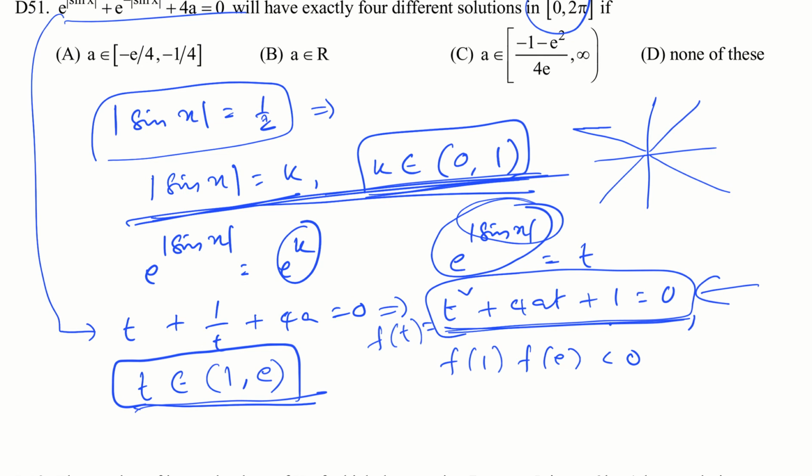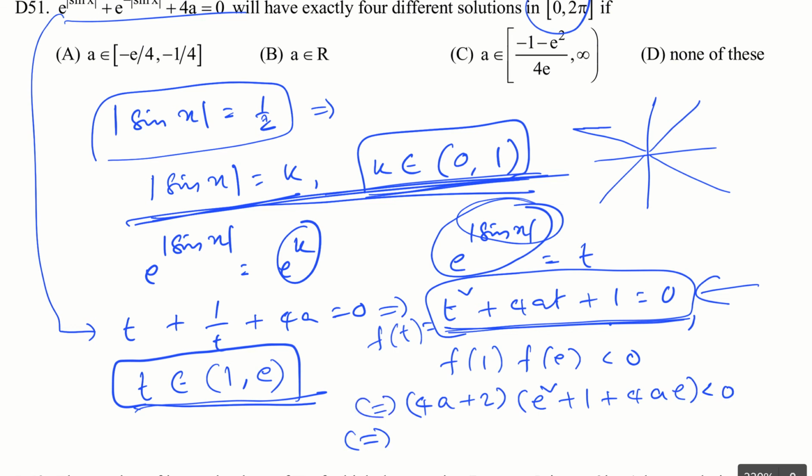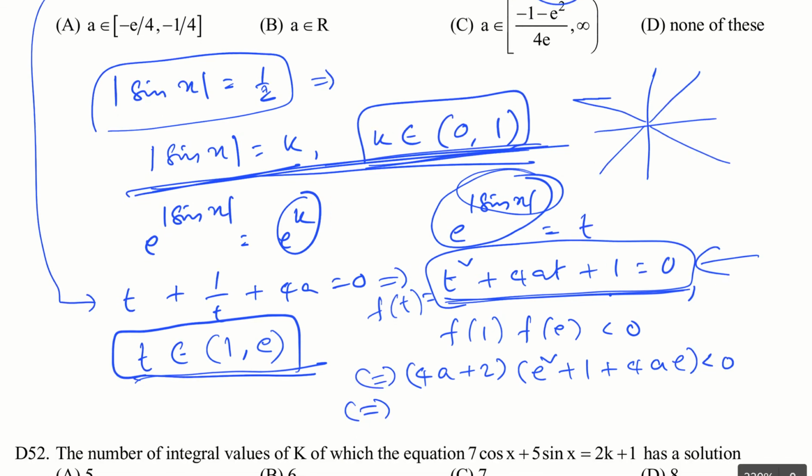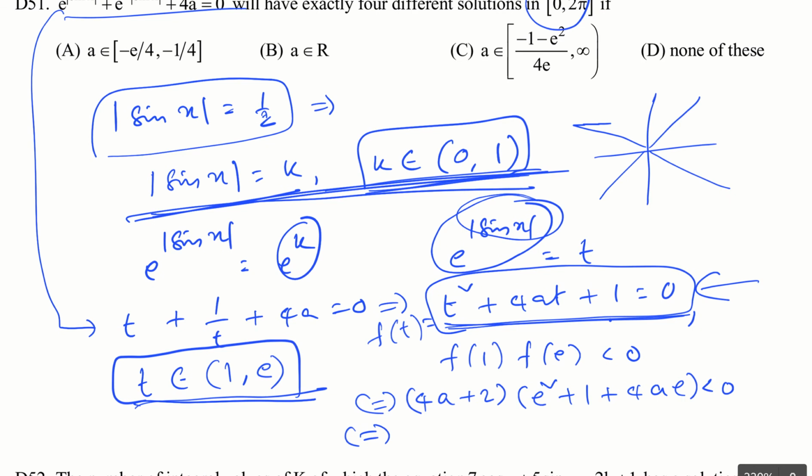What is f of 1? f of 1 will be 4a plus 2, into f of e, I'll get e square plus 1 plus 4ae, less than 0. This is if and only if a has to lie between the roots.